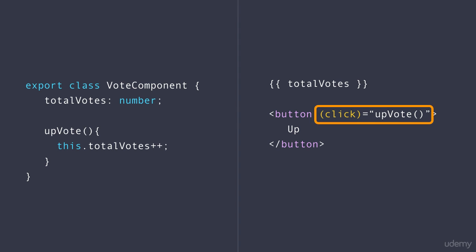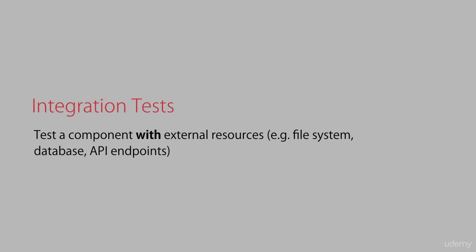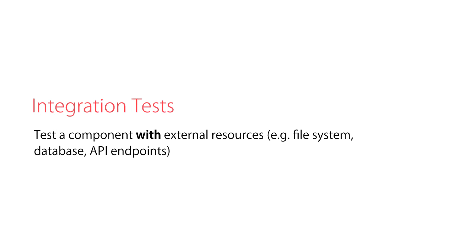However, if there is a problem in the bindings in the template for this component, we will not know until runtime. For example, if we forget to bind the click event of this button to the upvote method, our component is not going to function properly. And that's when we use an integration test. With an integration test, we test the component with external resources.